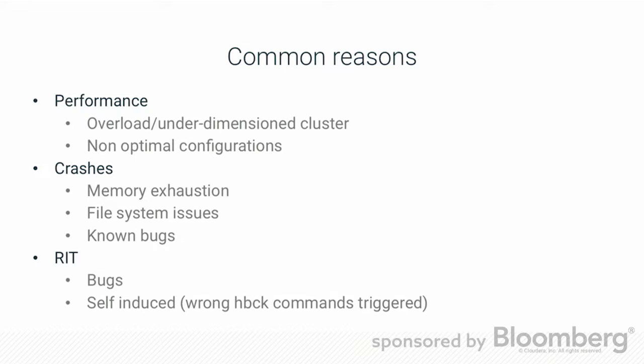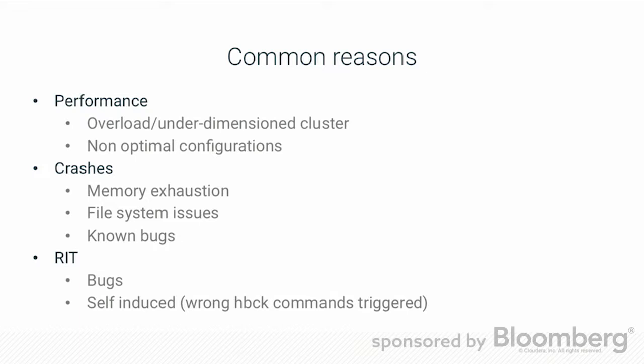RIT reasons are also affected mostly by known identified bugs that, if you're on a release that doesn't include the fix, would then surface this problem. It could be self-induced.